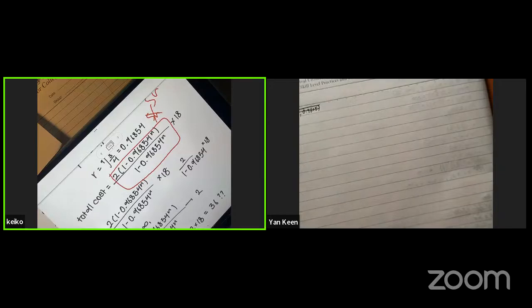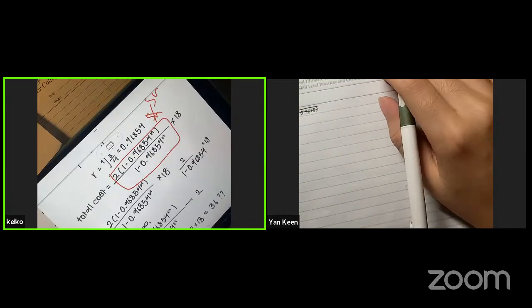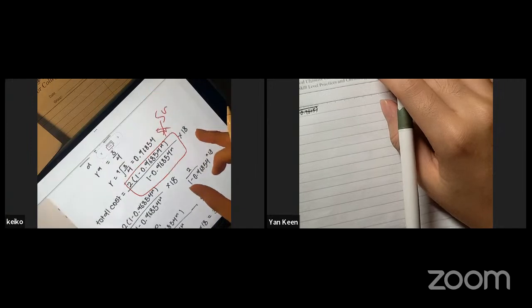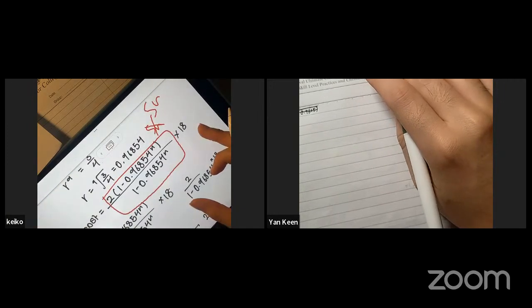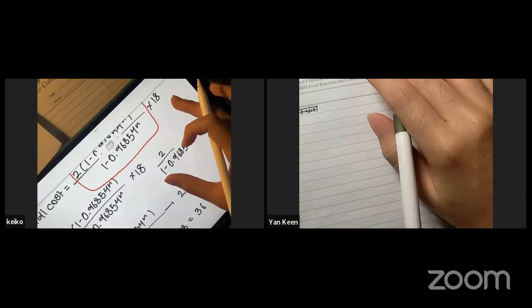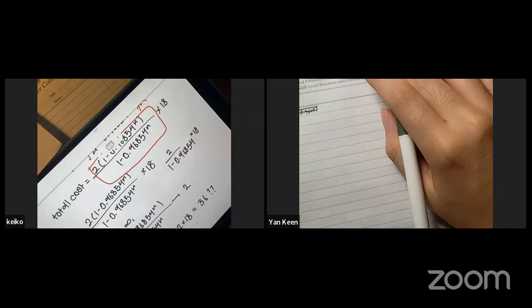Yeah, the n on top is wrongly placed. The S infinity one is correct.